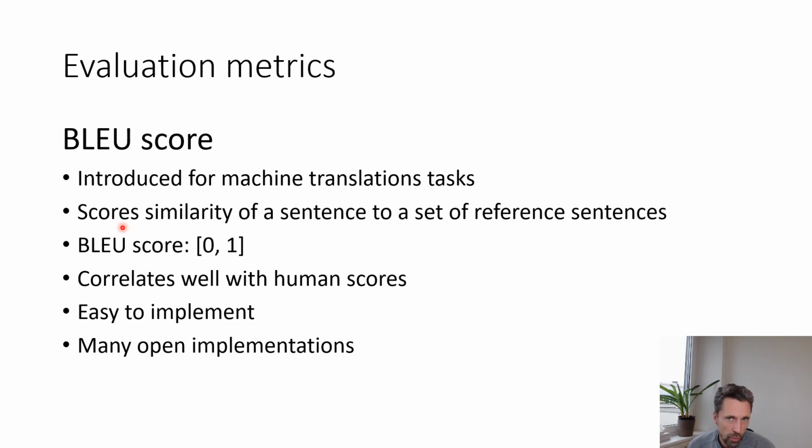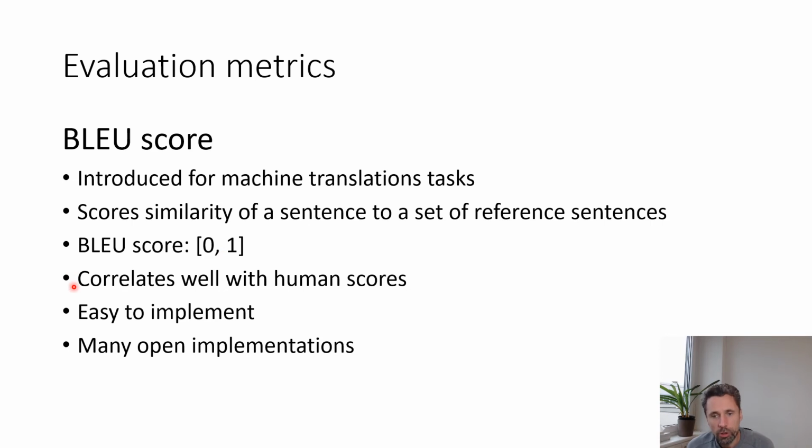So it's pretty similar to what we have in image captioning tasks, right? So we have a sentence that comes out of our model and 5 reference sentences that we can compare it to. And the score typically is between 0 and 1. Sometimes people multiply it by 100, so we have something like 100% or 50%.